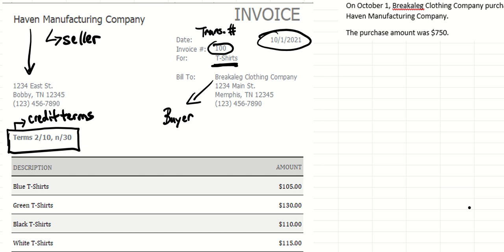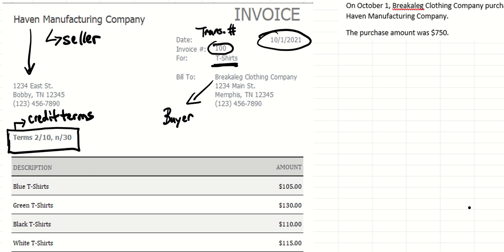And so what 2/10 net 30 means is that if Break a Leg Clothing Company makes the cash payment within 10 days from the transaction date of October 1st, 2021, or by the 10th day from the transaction date, a 2% discount will be applied to the cash payment that Break a Leg will need to make to Haven Manufacturing Company.